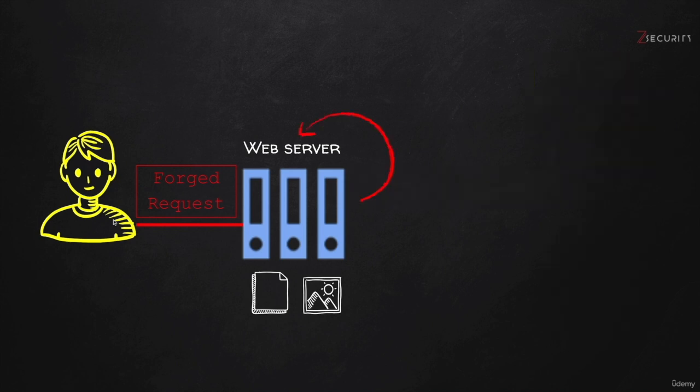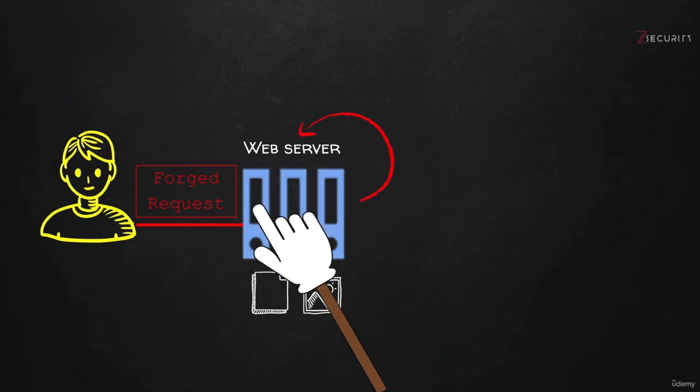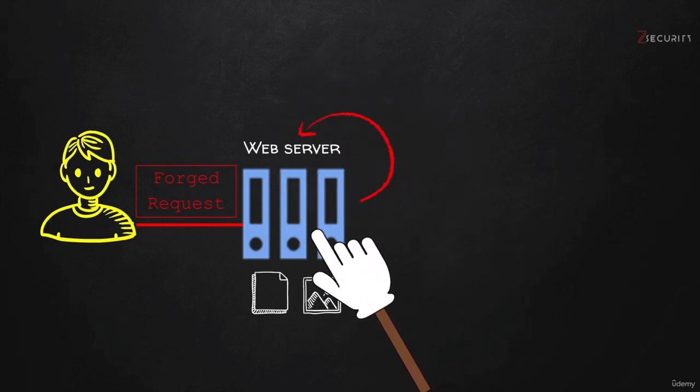Another scenario of exploiting server-side request forgery, you can simply send a forged request to the server and cause it to send requests to itself. Again, probably bypassing security measures and firewalls that this server has, because you're simply sending these requests from the server itself and overloading it with requests that are originating from the same server.